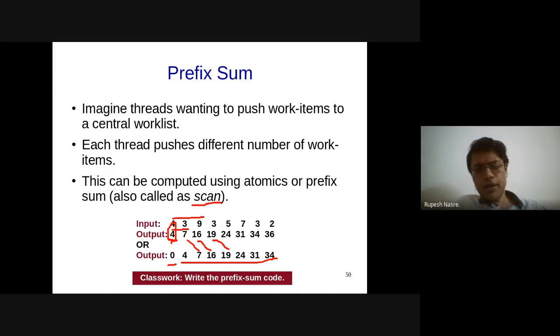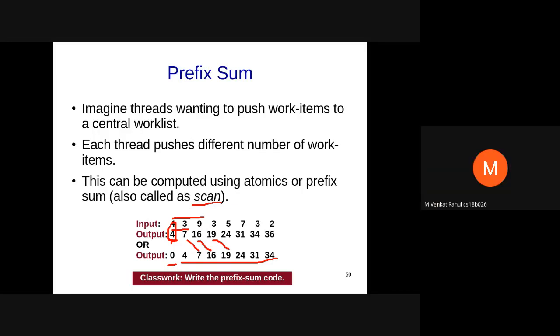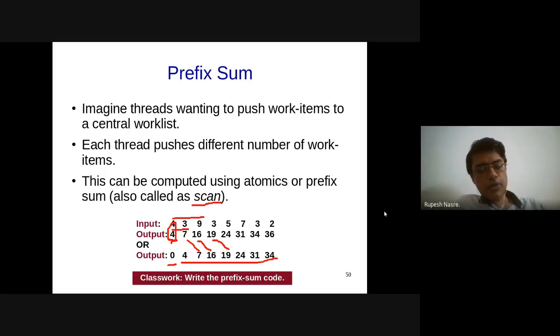Can somebody quickly tell what is the challenge with respect to atomics? Sir, I didn't get what we meant by the atomic solution. Can you explain that? Yeah, so what I'm trying to say is that assume that now there are n sums required, right, in this case?